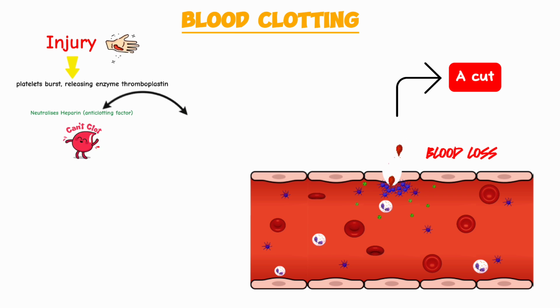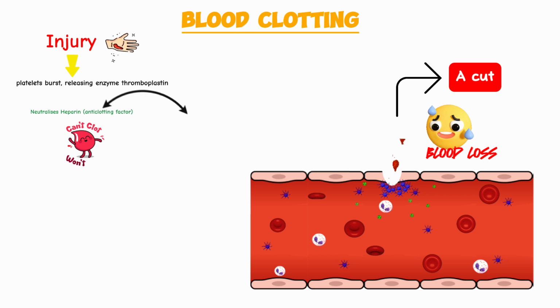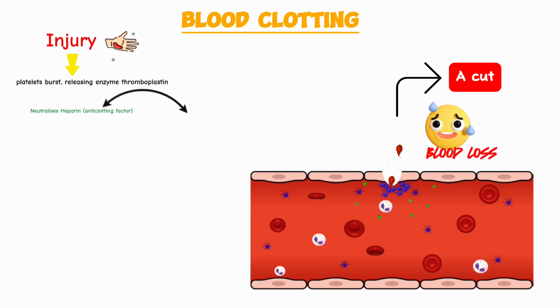We want it to flow smoothly, circulate smoothly within the blood vessels. And that is why heparin is there, to ensure that blood does not clot. However, when an injury occurs, we need blood to clot. That means we need heparin to stop functioning at that particular site of injury so that clotting of blood can take place and blood loss can stop. So one of the functions of thrombokinase is neutralizing heparin.